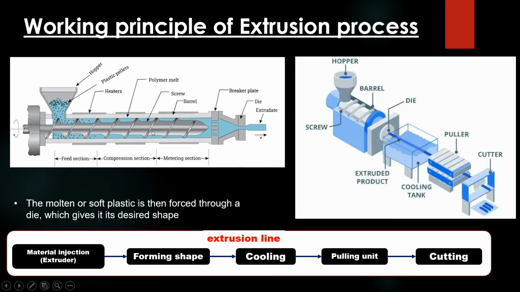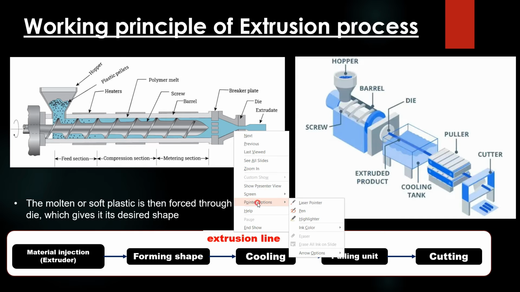Here also there is an injection unit, which we generally call the extruder. It has outer heaters and a coolant to maintain the proper temperature of the material. The extruder compresses and melts the material and passes it to the breaker plate, which filters out any contamination, and then it is sent to the die.